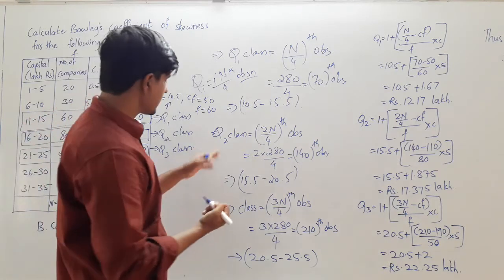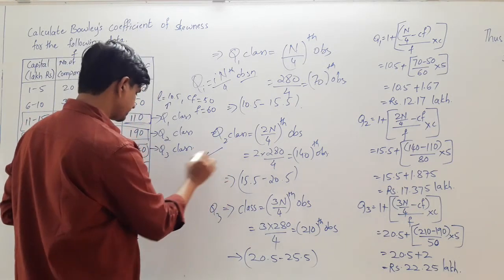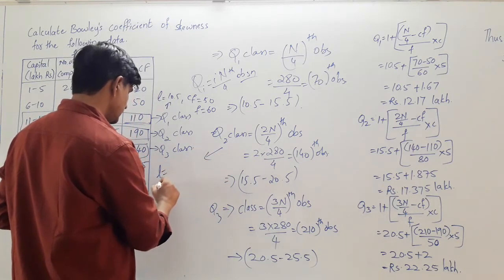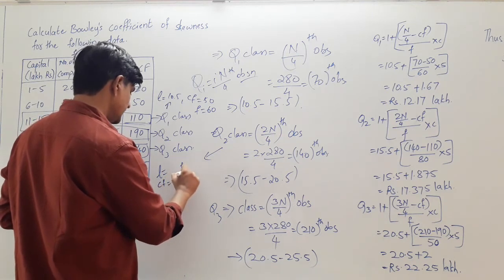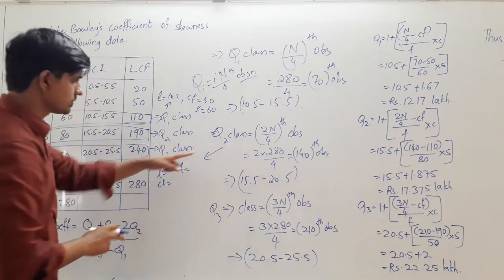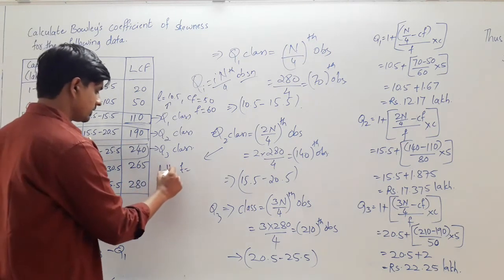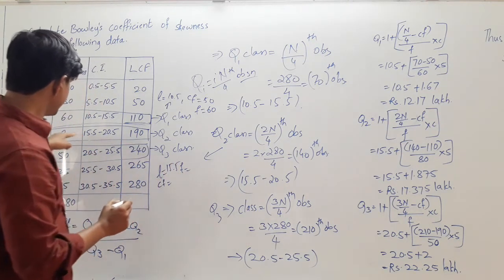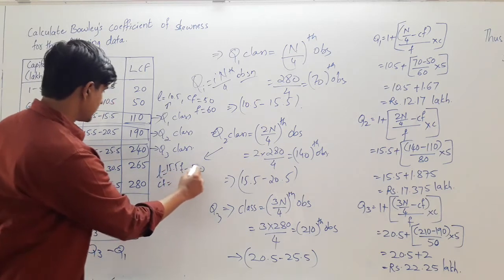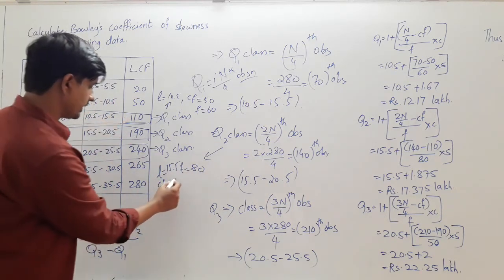Now for class Q2, I will write here L, CF and F. L is how much for class Q2? Here it is 15.5. F is equal to 80. CF will be 110.